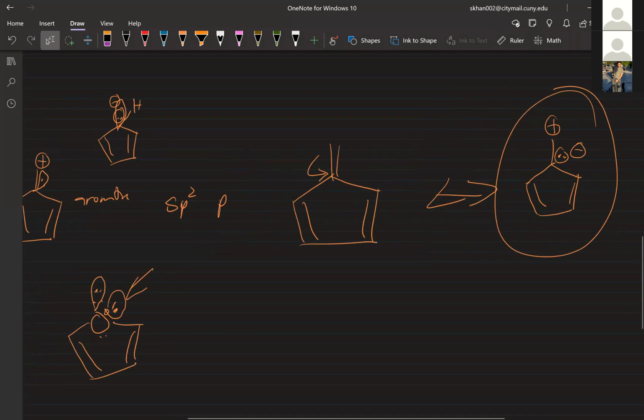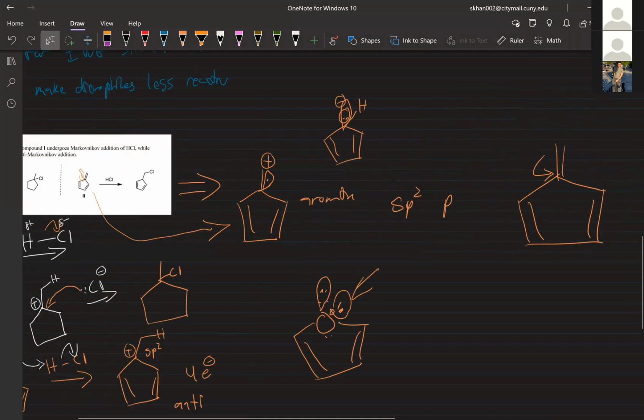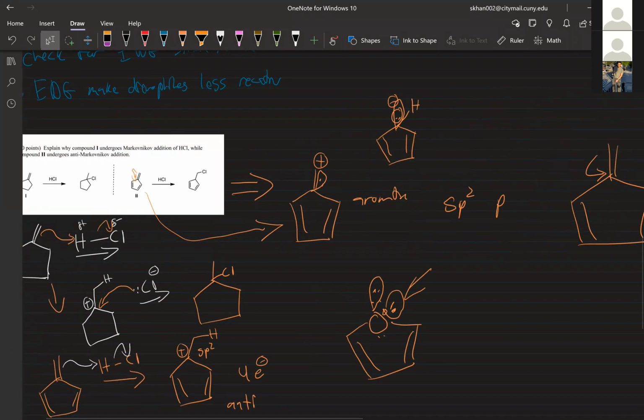You could say it does a resonance structure that looks like this, but I would work it backwards and say that you probably originated from an intermediate that looked like this, right? And then because of that, the proton is more likely to end up at the carbon at the end of the ring, because it would be aromatic stabilized in that brief moment of time, right?